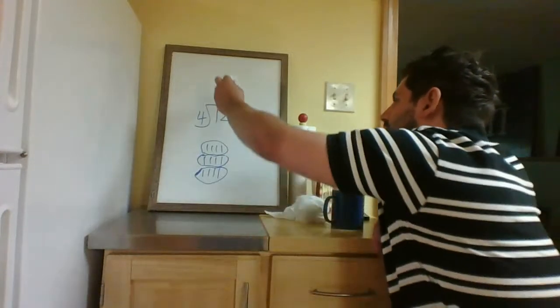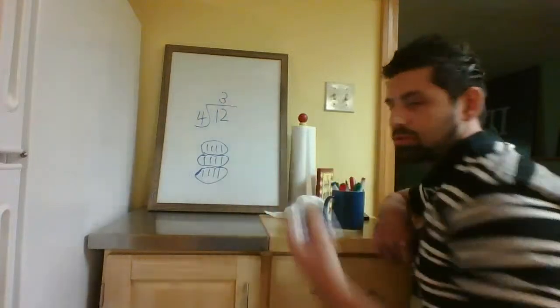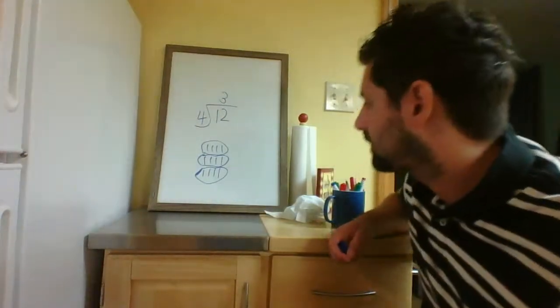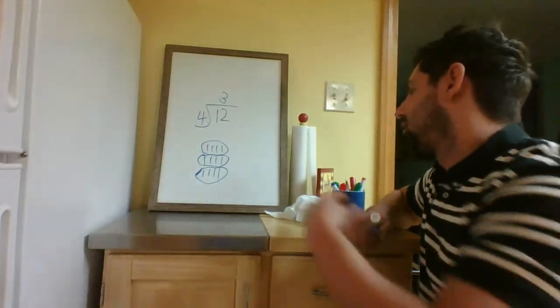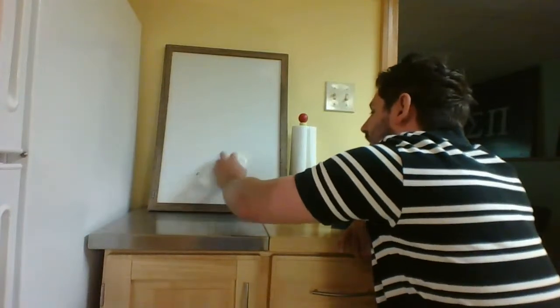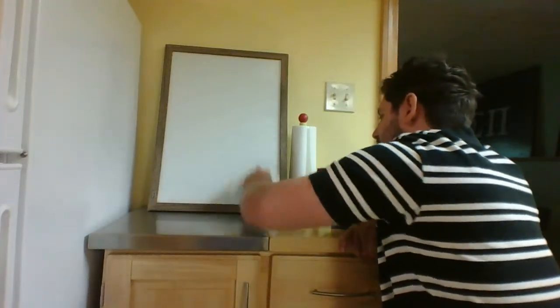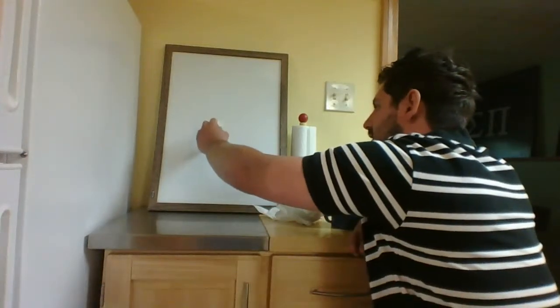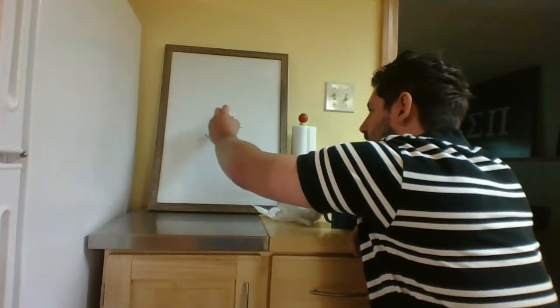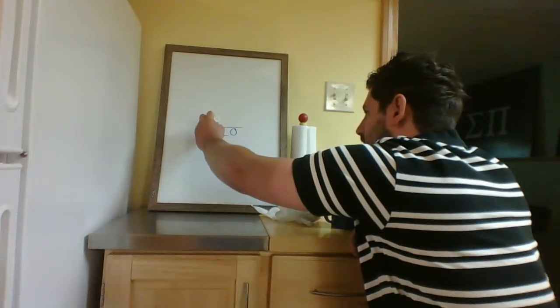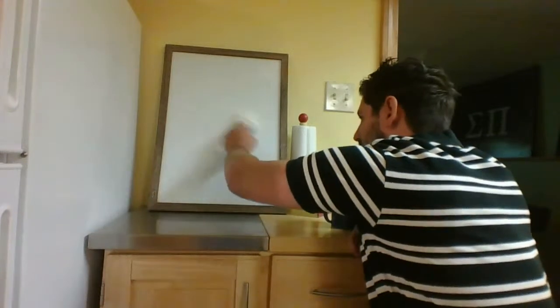So 12 divided by 4 equals 3. All right, so now I'm going to do another problem using a repeated subtraction strategy. Make that a little bit bigger.